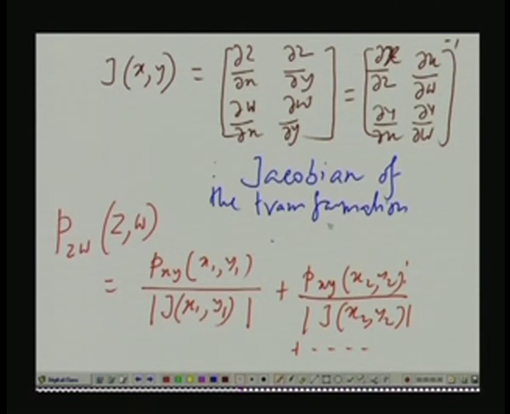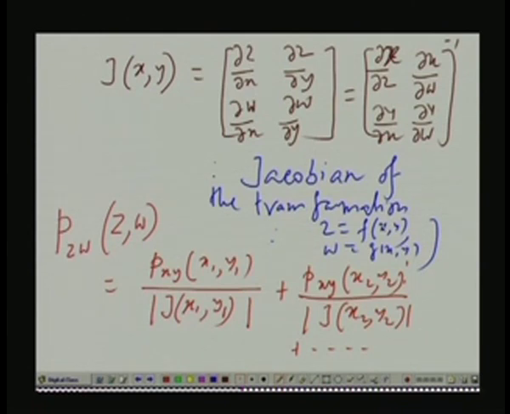Which transformation? That is z equal to f x y and w equal to g x y. This transformation takes the xy pair and gives you the zw pair. So this transformation has a Jacobian, which matrix is defined like this.